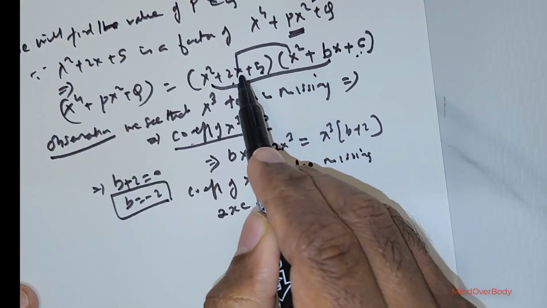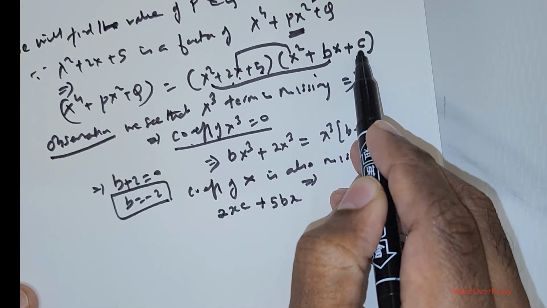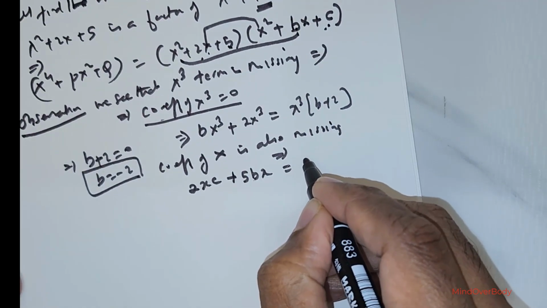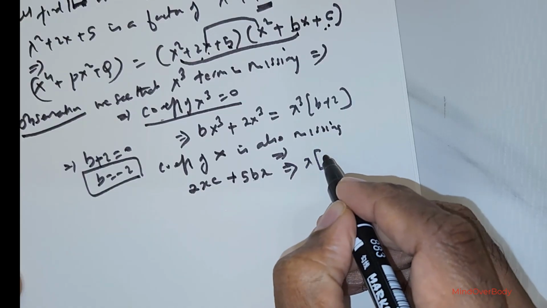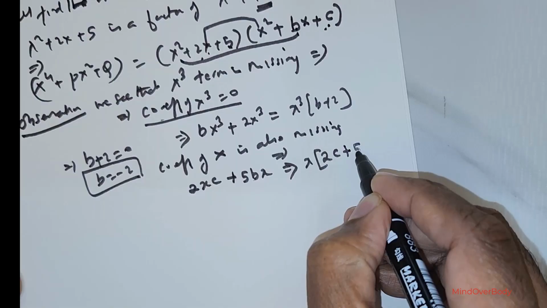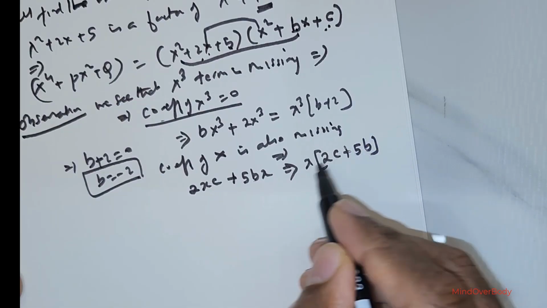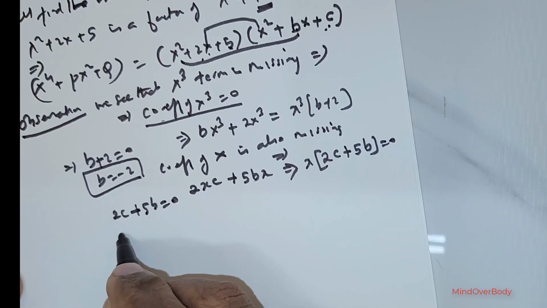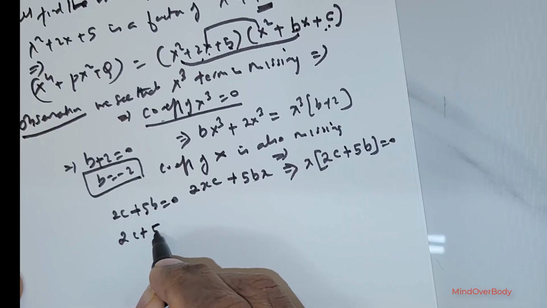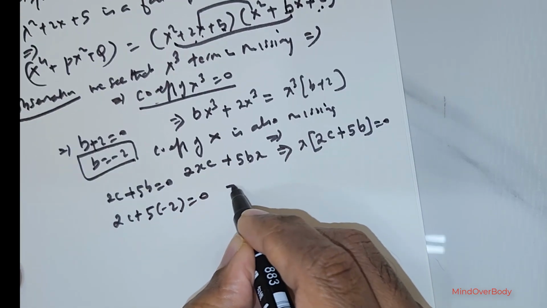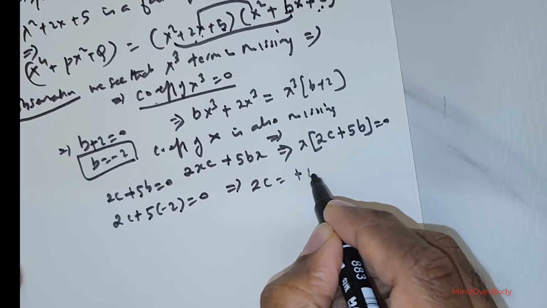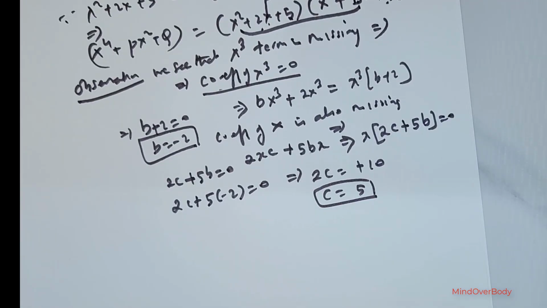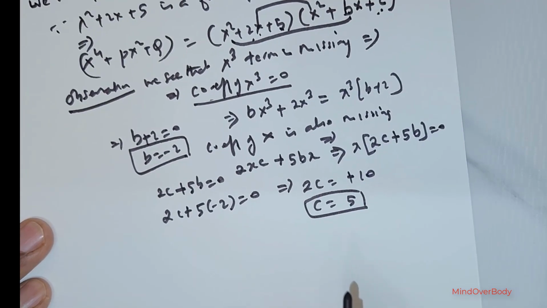This multiplied with this, and this multiplied with this, gives me the x term. If I take the x term out, this is 2 times c plus 5 times b, equated to 0. So 2c plus 5b is equal to 0. b is equal to negative 2, so 5 times negative 2 is negative 10. This means 2 times c is equal to 10, so c is equal to 5. Fair enough, right? Is there anything else we can get?